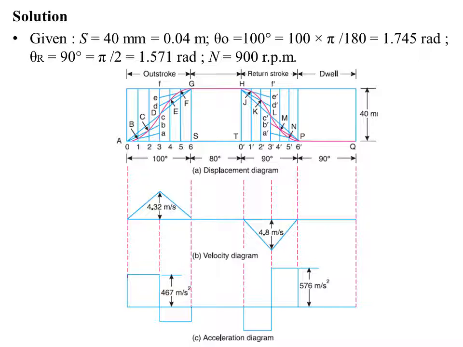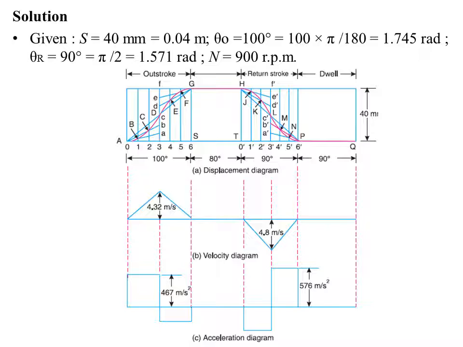Now we know the type of follower motion here is uniform acceleration and retardation. So whenever we have uniform acceleration and retardation, we have to take the midpoint of the outstroke and return stroke. Here the midpoint of the outstroke is 3 and of the return stroke is 3 dash.